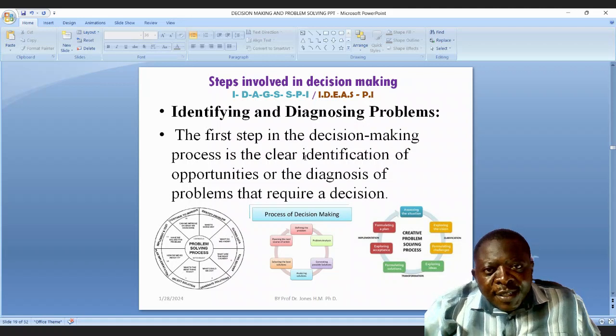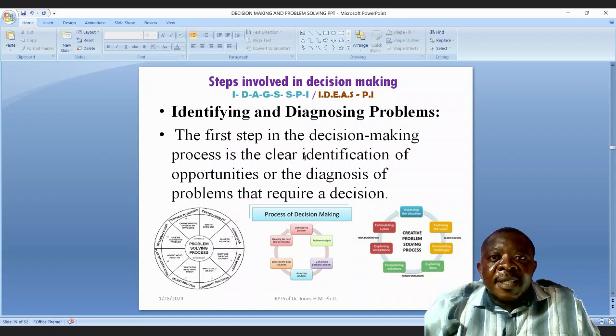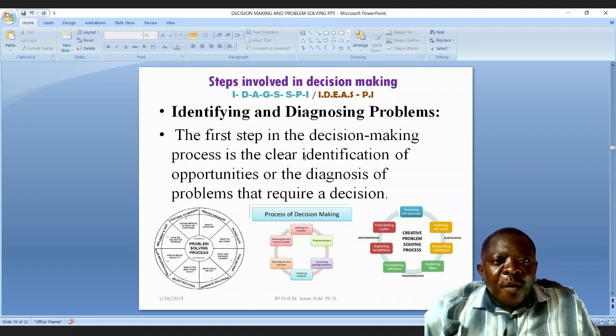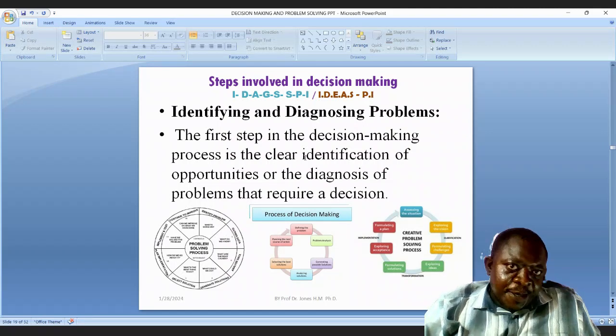You find other authors who look at just identifying the problem, then others combine it with the D, which is diagnosing the problem. For the purpose of this presentation, we have looked at identifying the problem and diagnosing the problem as one entity.